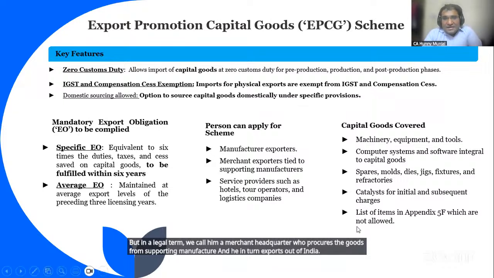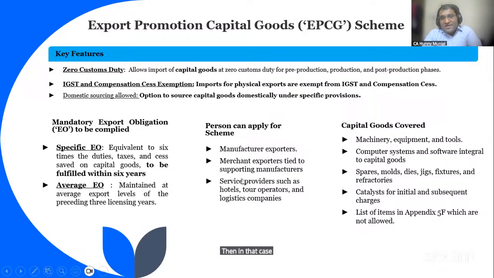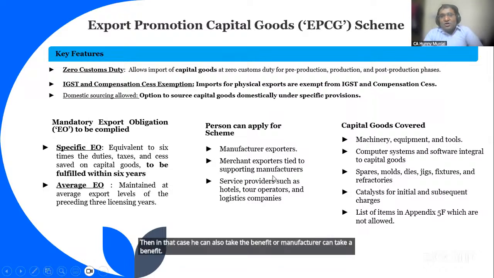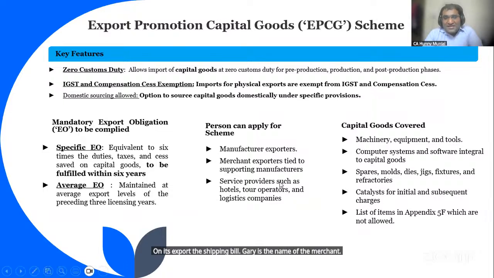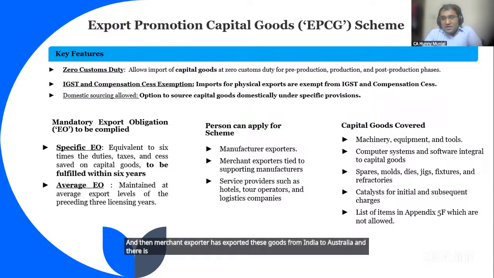In that case, he can also take the benefit of the EPCG scheme, provided on its export, the shipping bill carries the name of the merchant exporter along with the name of the supporting manufacturer, to evidence that indeed the goods are being manufactured by the supporting manufacturer and then the merchant exporter has exported these goods from India to outside India and there is foreign exchange being realized by them.